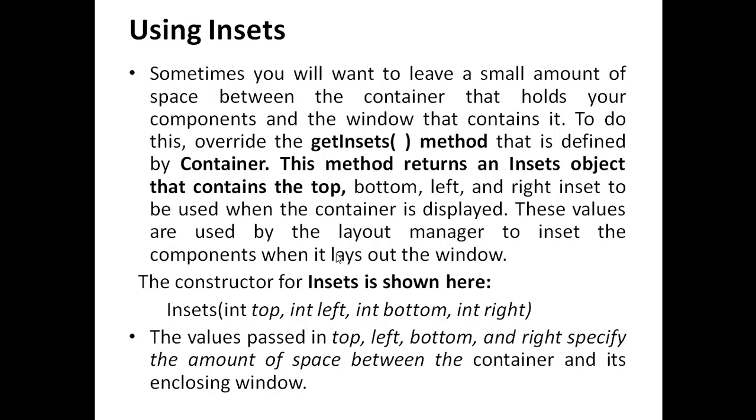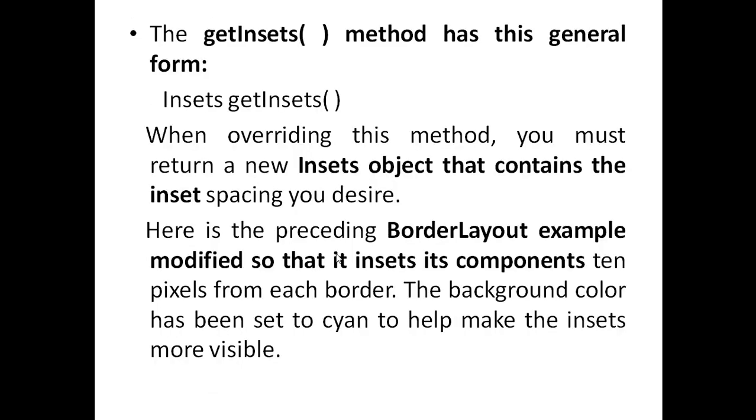The constructor for Insets is shown here: Insets(int top, int left, int bottom, int right). These are the four parameters for the Insets class. The values passed in top, left, bottom and right specify the amount of space between the container and its enclosing window, and we are going to see an example next.